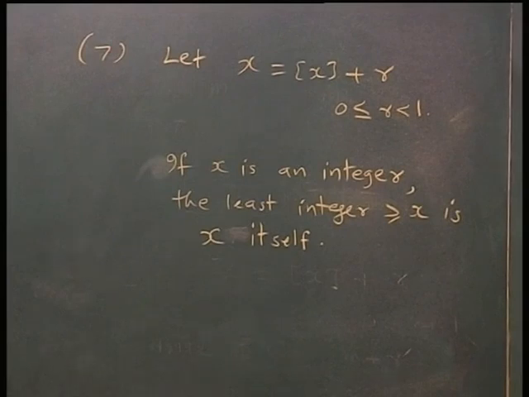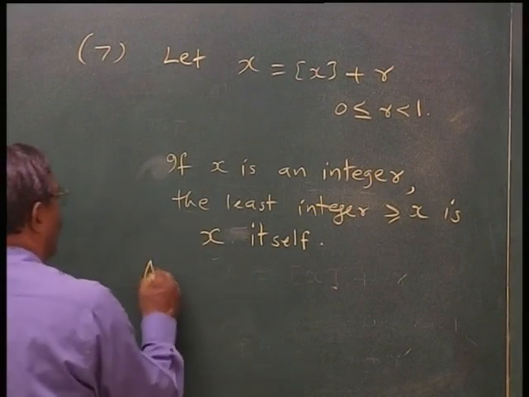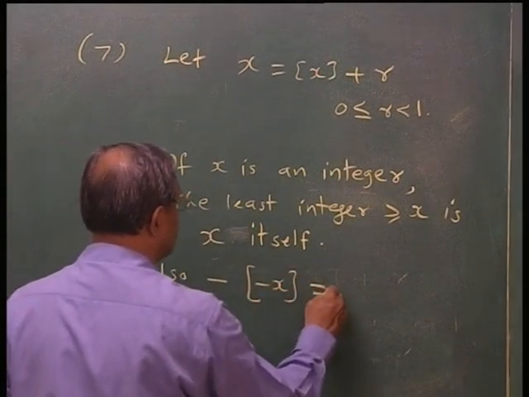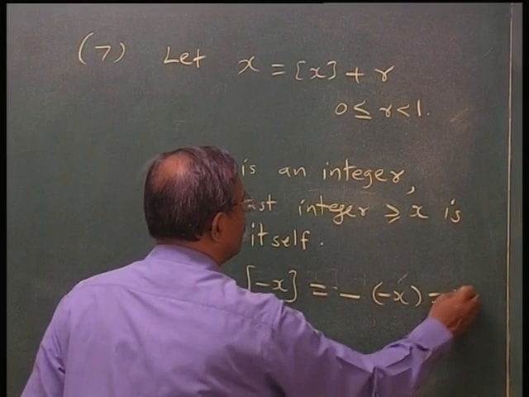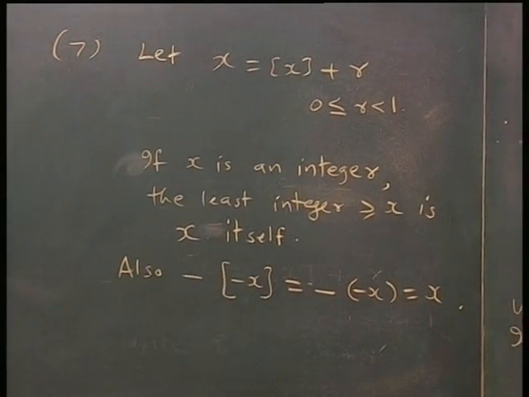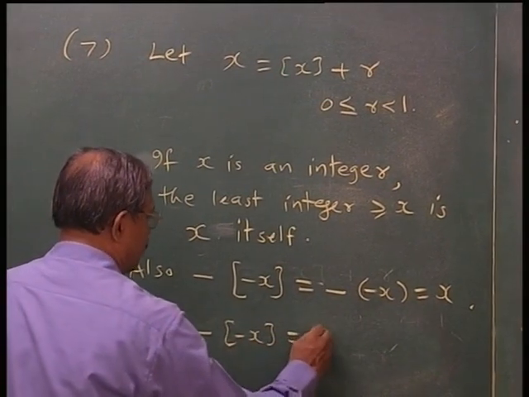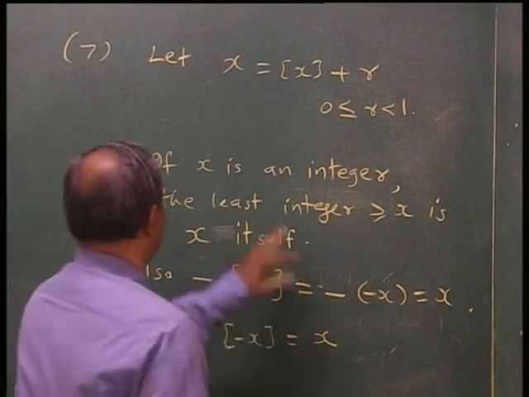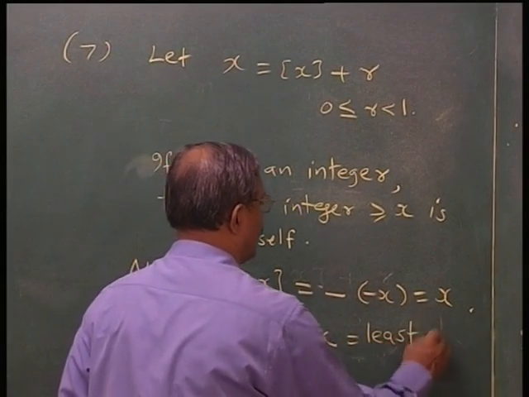If x is an integer, what is the least integer bigger or equal to x? That is x itself. Now what is the value of minus of the integral part of minus x? Minus x is also an integer, so it is minus of minus x, which is equal to x. And therefore this is the expected result: minus of the integral part of minus x equals x, in this case, which is the least integer bigger or equal to x.